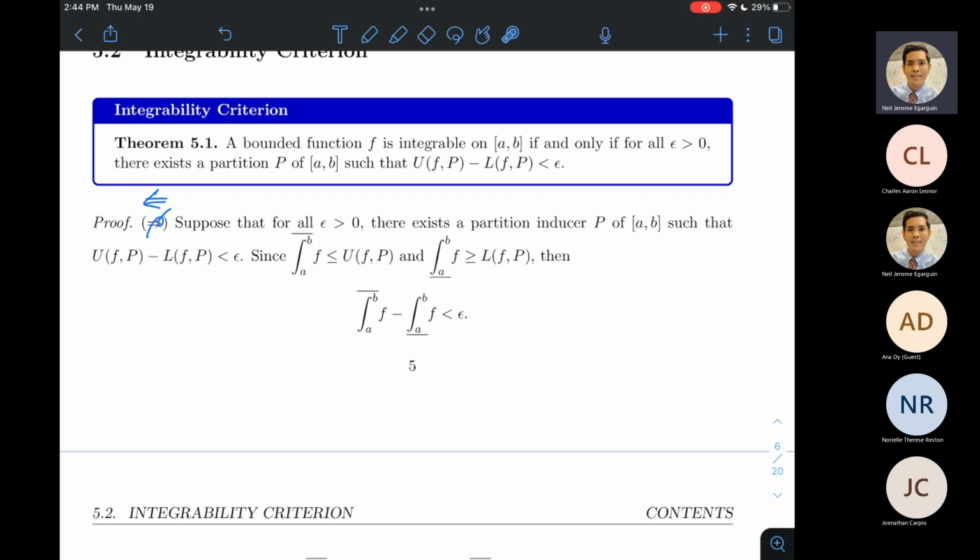In particular, it is smaller than the upper sum relative to the partition we are considering. Okay? And analogously, the lower Riemann integral is the supremum of all of the lower sums. So since this is the supremum in the first place, it must be an upper bound. So this guy would be greater than or equal to any lower sum.